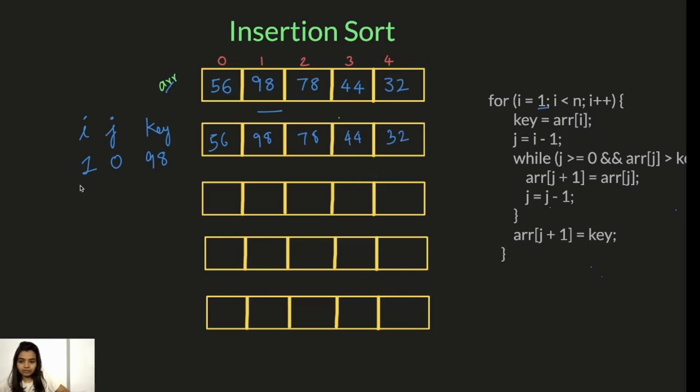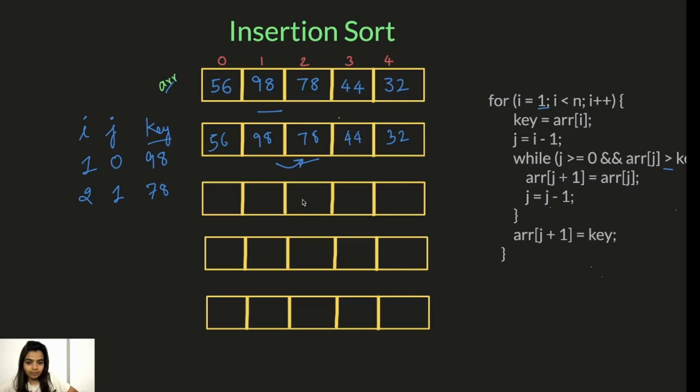In the second iteration, i becomes 2, and j will be i minus 1 again, so it will be 1. Array of 2 is 78. Copy array of 2 into our key. Is array of j greater than key? Yes, it is. So we shift the element one step to the right.